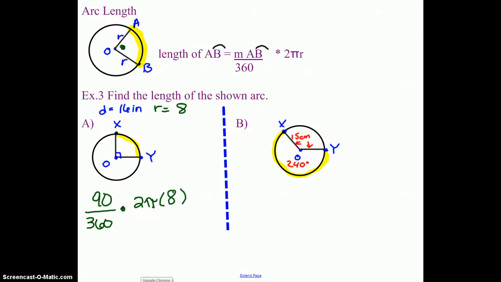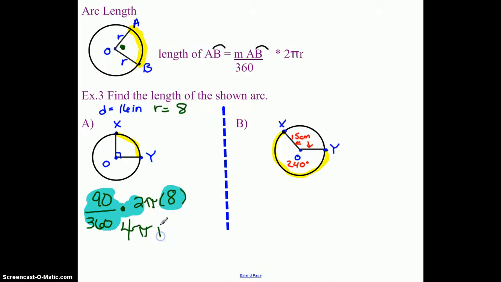Okay, now, two things that we have to be careful of. If this answer is in terms of pi, I'm going to multiply and divide all of this stuff together and then stick that pi on the end. So I would do 90 divided by 360 times 2 times 8, and I would get 4 pi.